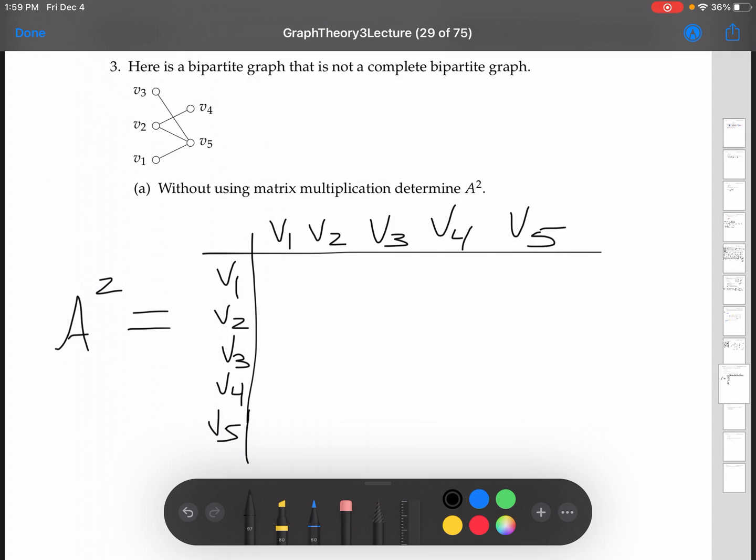All right, so first thing we can do is just go down the diagonal. Remember from the previous video, we know that the diagonal entries are the degrees, because the number of two edge walks from V1 to V1 is exactly that walk there.